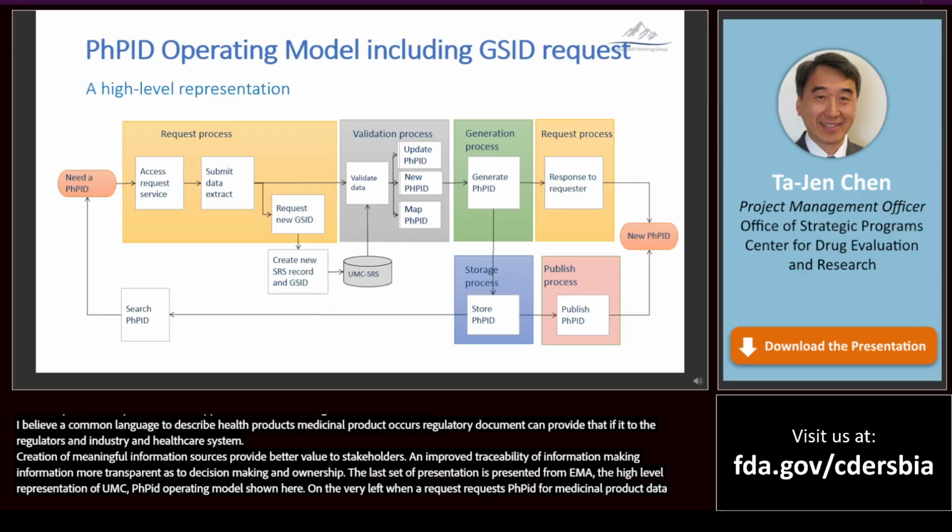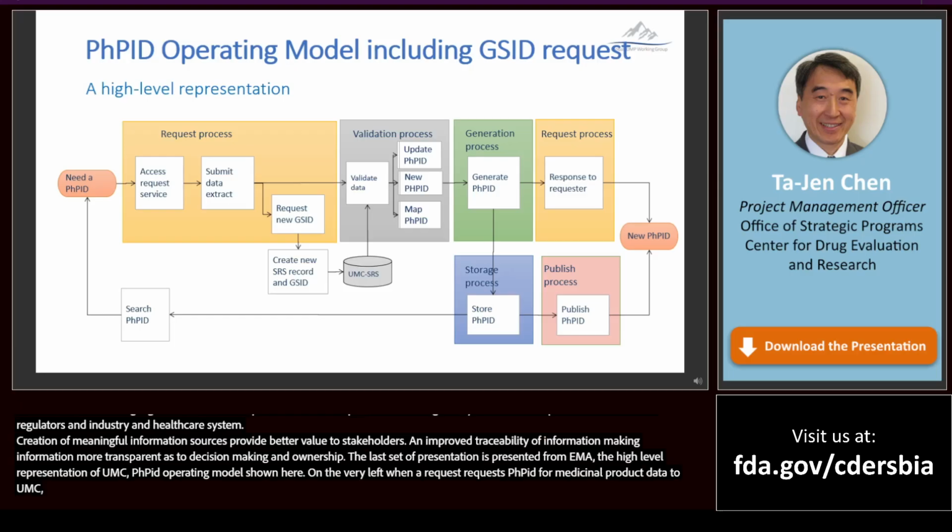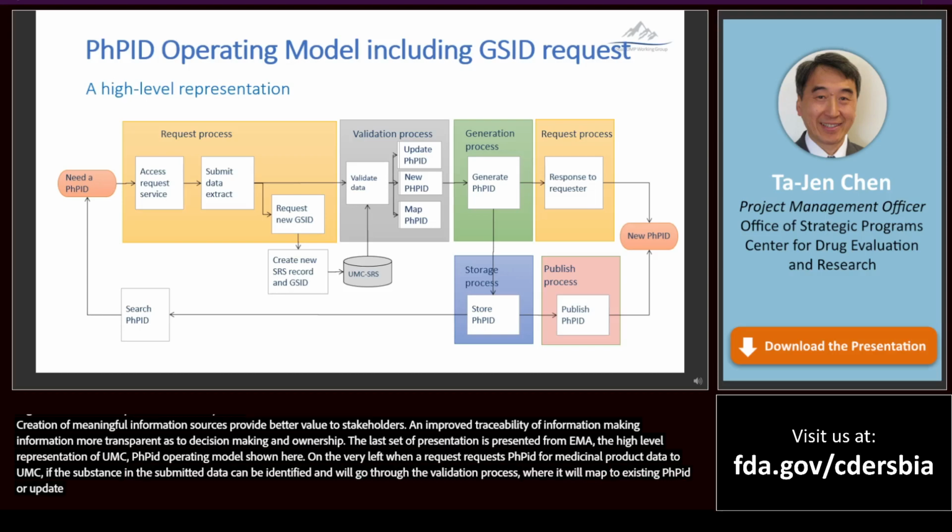If the substance in the submitted data can be identified, then it will go through the validation process, where it will map to an existing PhPID, update an existing PhPID, or generate a new PhPID.